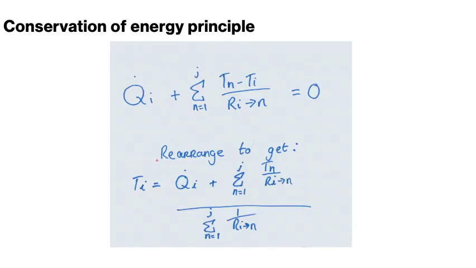As this is a steady state model, we can apply our conservation of energy equation. This says that the sum of each heat flow at each node must equal 0. When we rearrange this, we can get a value for Ti, and we can apply this to each of our nodes.